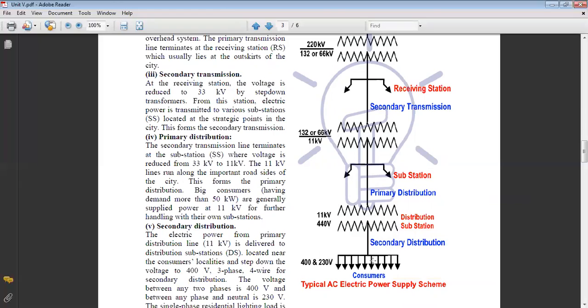Mostly in our home, it will be single phase 230 volt. This is all about the AC power supply system. We are dividing it into parts, that is generation, transmission and distribution. The transmission is again divided into two, and distribution is again divided into two, and finally we are getting the power at our doorsteps. Clear?